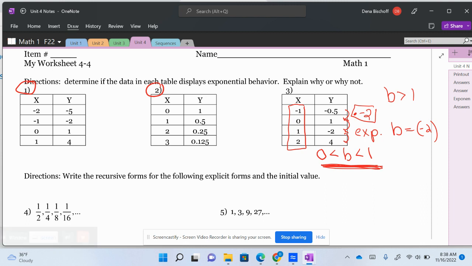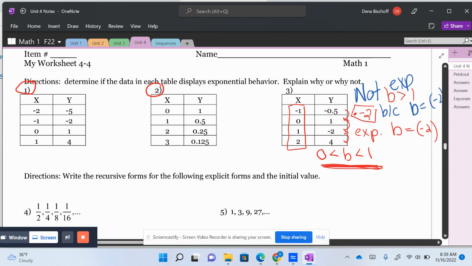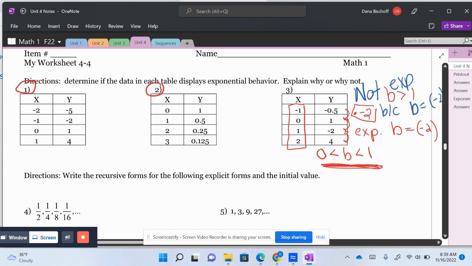So we can't have a negative B. Does that make sense? So this is really not exponential because your base is a negative growth. We don't do that. We don't have a negative growth model. Okay? You'd have the multiplier on the outside be negative, but not on the inside.